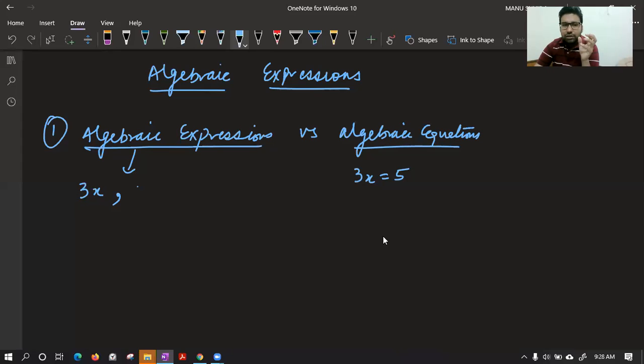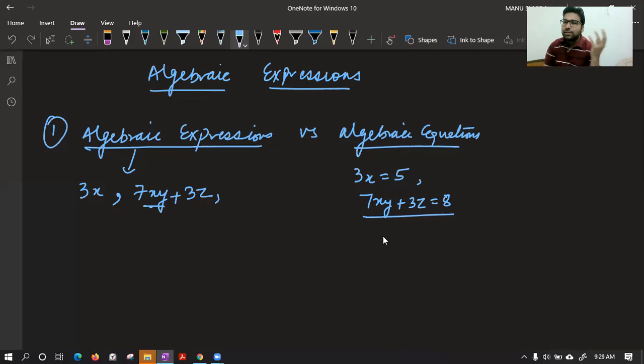Similarly, 7xy plus 3z is an algebraic expression. Here the variables are getting multiplied and added, but there is no equal to mark. The same thing we did in chapter 4. If I put an equal to mark, it becomes 7xy plus 3z equal to 8. This is an equation. So class, this way we can understand what is an expression and what is an equation.